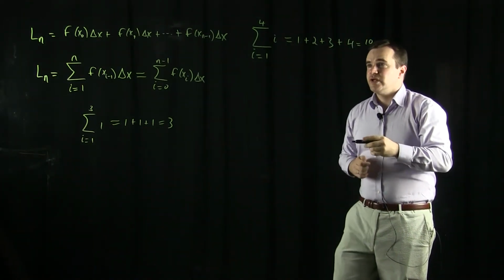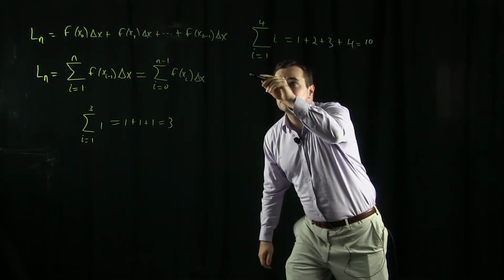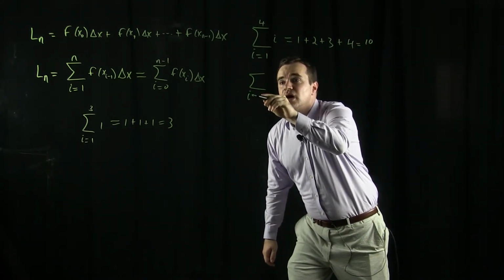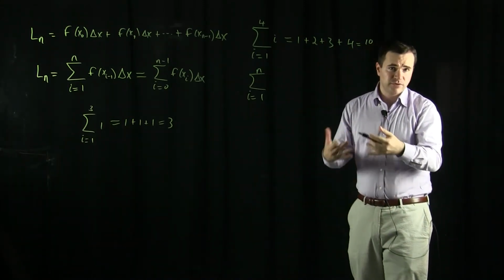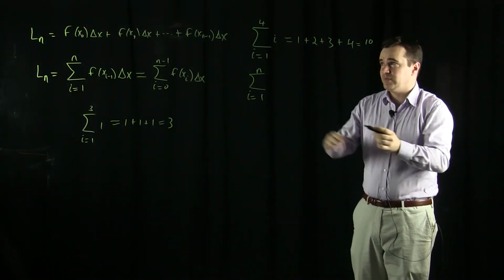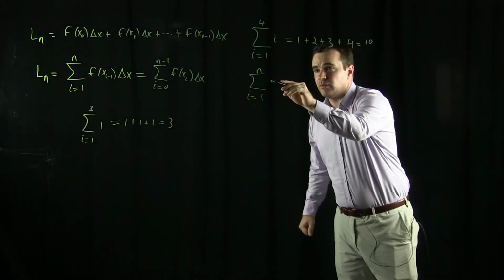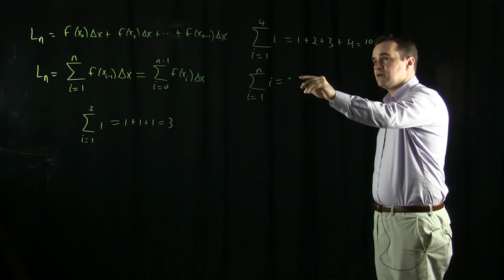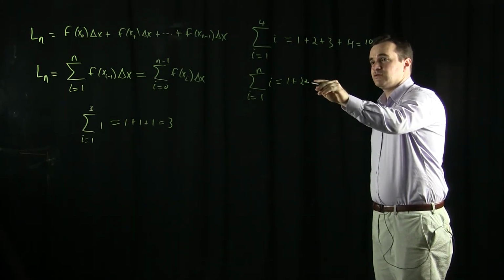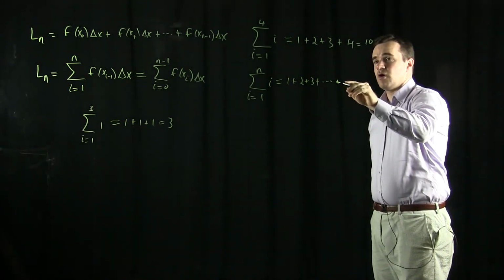Let's continue a little. What if I took i going from 1 to n, for some fixed but arbitrary number n, and sum up i? Once again, this is 1 plus 2 plus 3 all the way up to n.